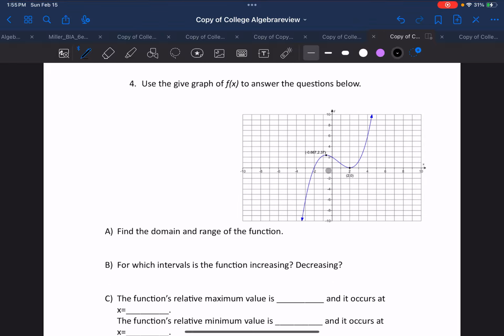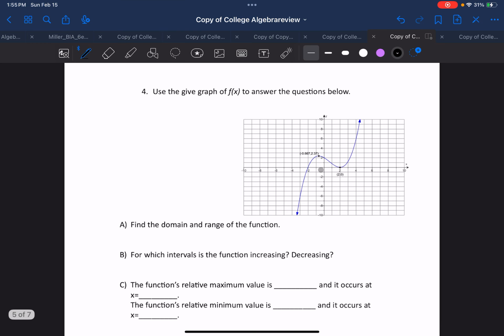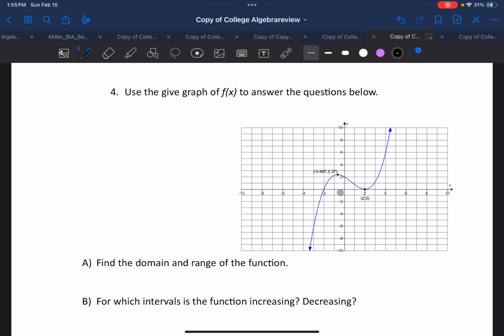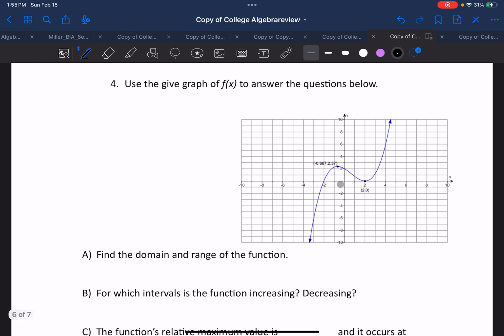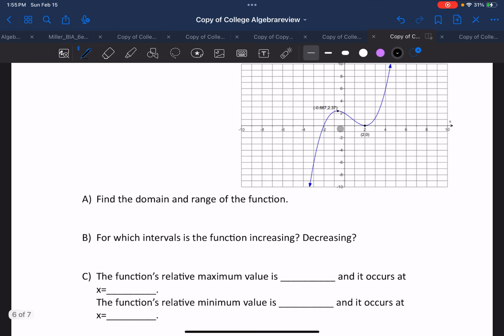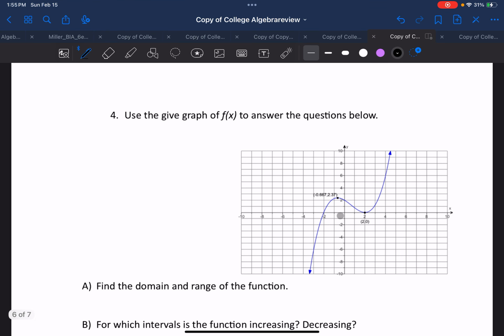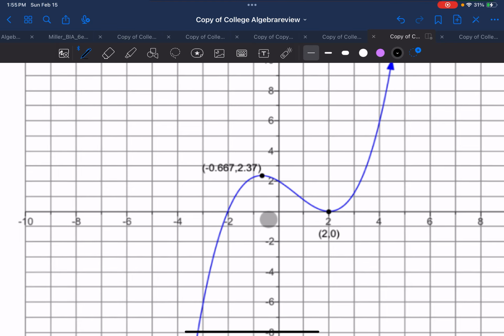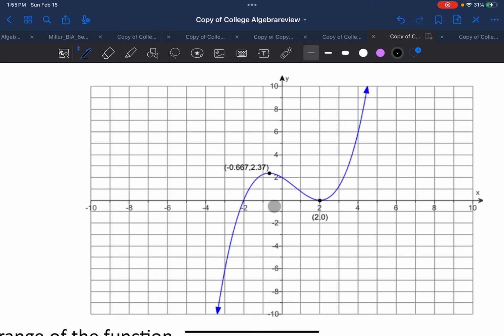And then the last problem on this section, and I have one more section after this problem. We're going to be doing a lot of the same things we just did, but this time they're giving us a picture of a graph, and they want me to answer the parts below. So first thing they want me to figure out is the domain and the range.